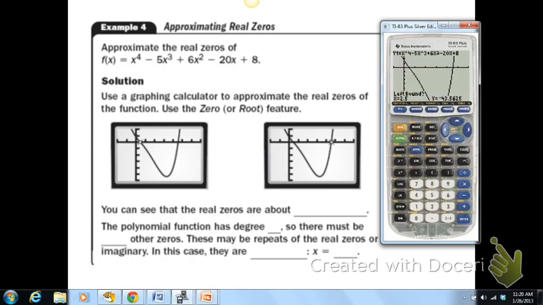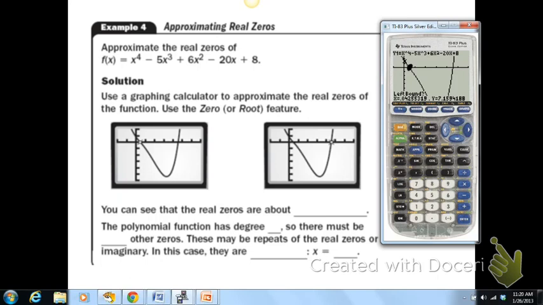Now, what it's going to ask for is the left bound, the right bound, and then a guess. Let's first find the leftmost intercept. I'm going to move my arrow keys over until I can see my crosshairs, and you can see them now. For my left bound, I have to make sure that I am left of that coordinate where the 0 seems to be. So I have to make sure I'm somewhere to the left of that point, and right now I currently am.